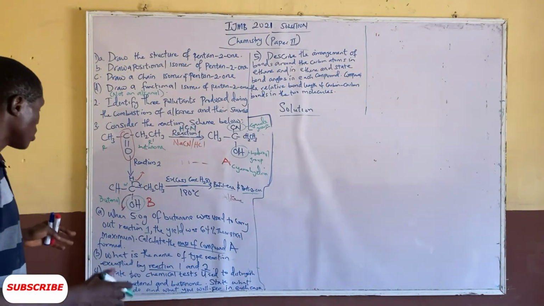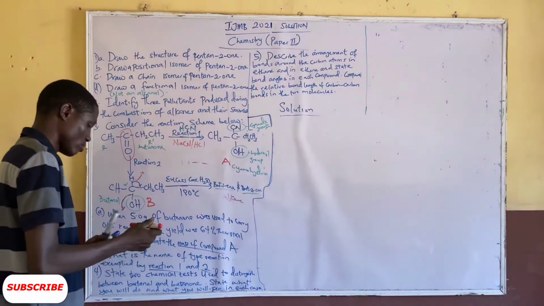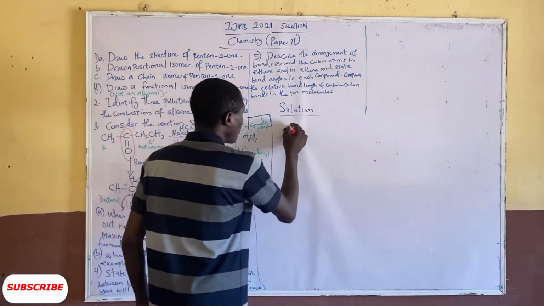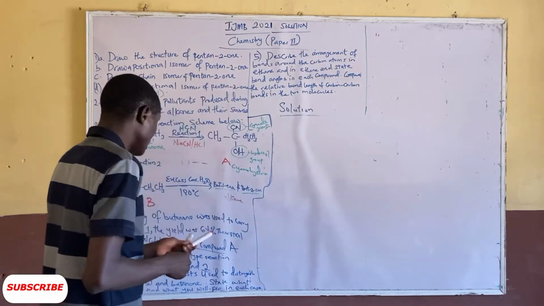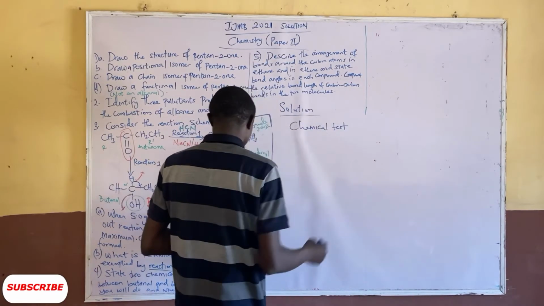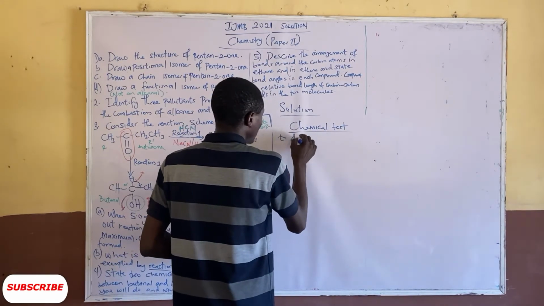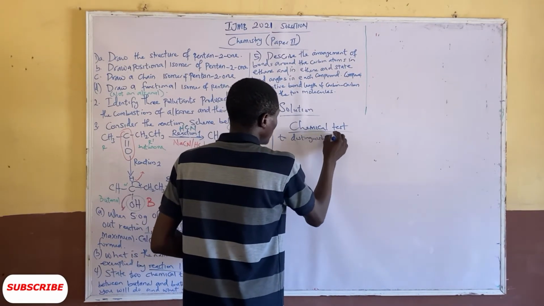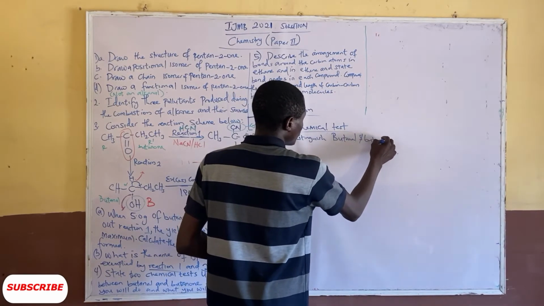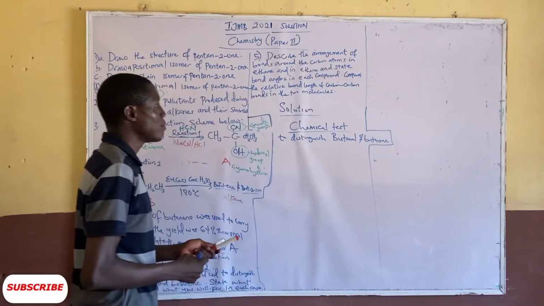State what you will do and what you will see in each case. Now, we are told that we should state the 2 chemical tests to distinguish butanal and butanol.